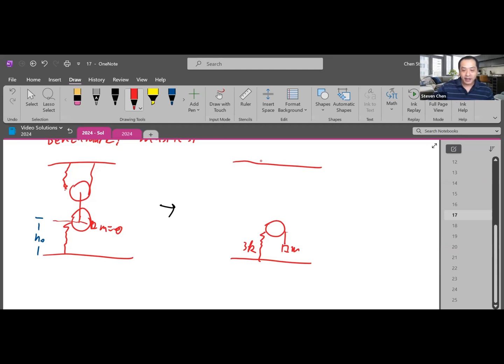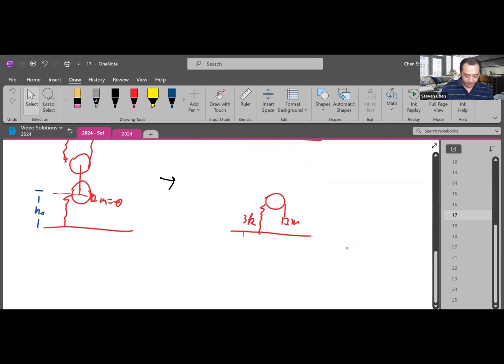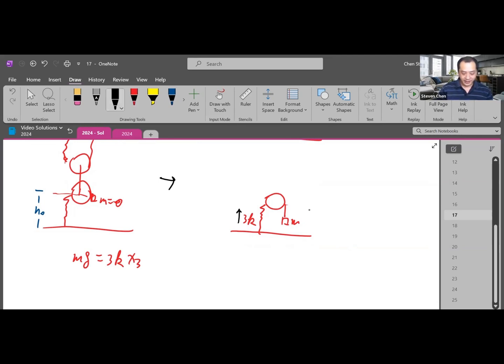So it can apply a force to balance the system. And the force that this spring applies to its 2 ends should be equal to M times G. So this allows us to compute its extension, denoted as x3, which means that by having M, its length is extended with the vertical displacement x3, okay? So we can compute x3 is equal to mg divided by 3k.